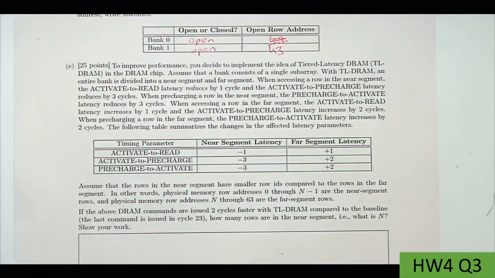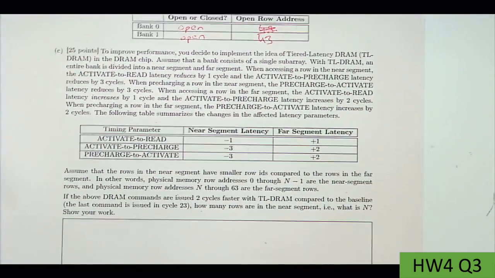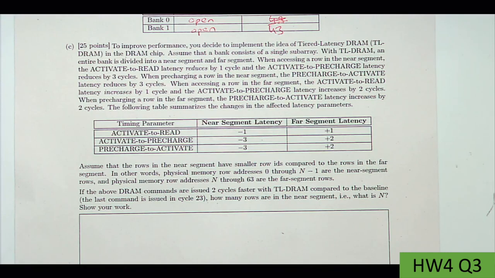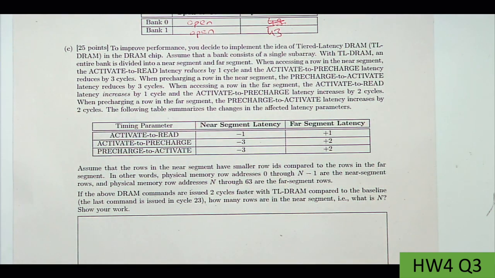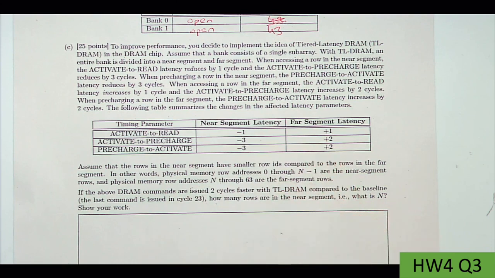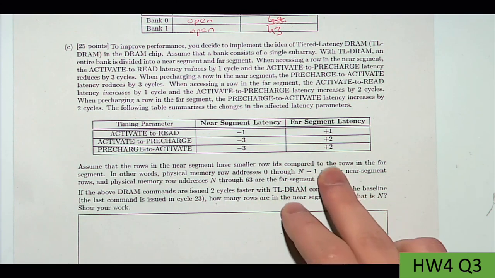Okay, I guess so. The next part is about TLDRAM. If you remember TLDRAM from the class, it divides a subarray into 2 parts, a fast region and a slow region. This table gives us how those timing parameters change when you are accessing the fast or slow region, or near and far segment. The far is the slow region.